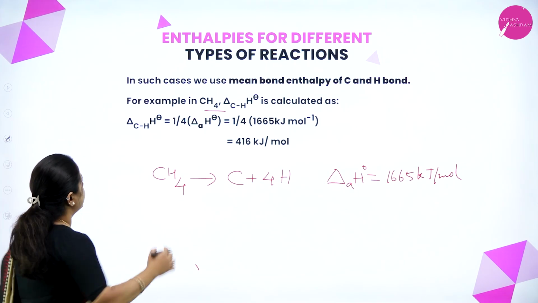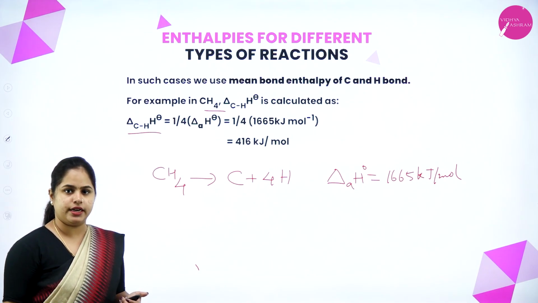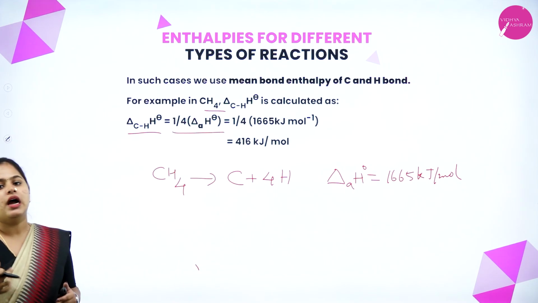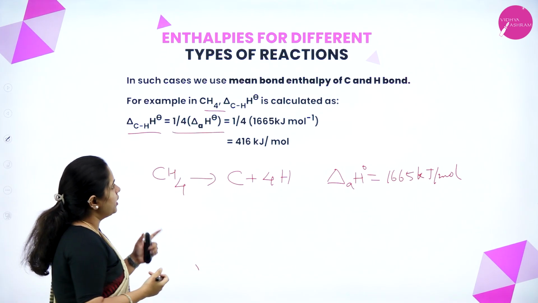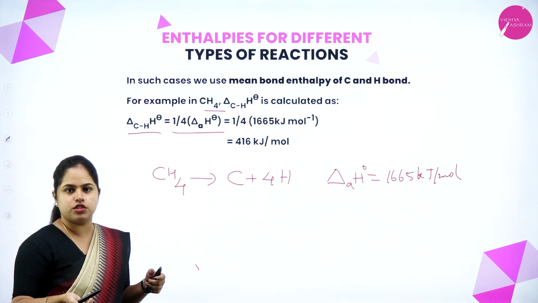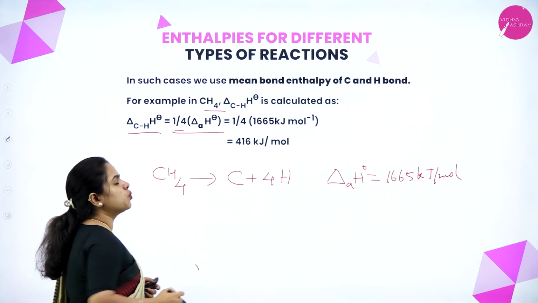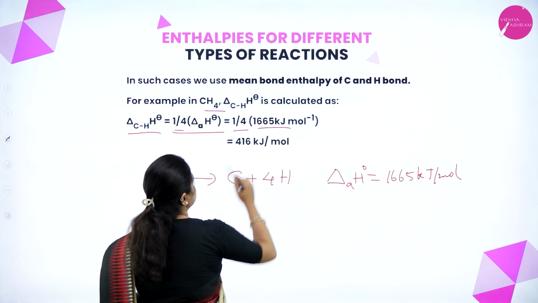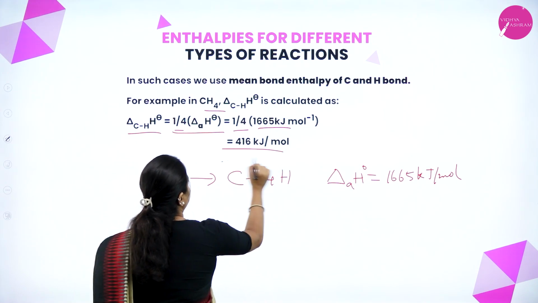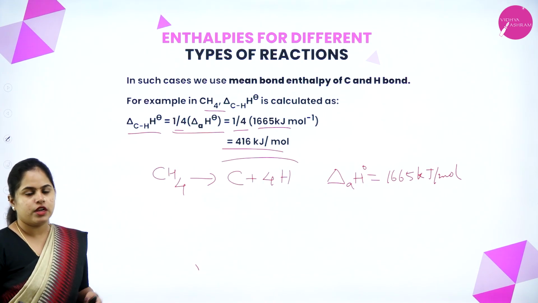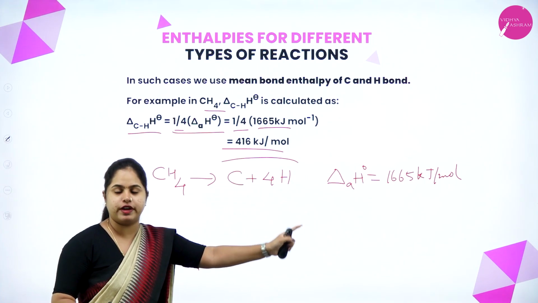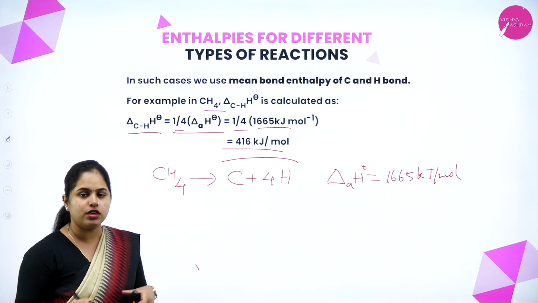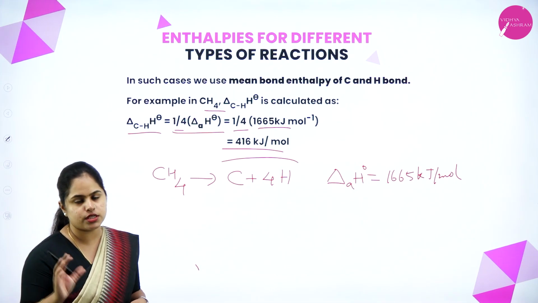So that means that the bond dissociation energy of carbon-hydrogen bond at standard condition will be equal to 1/4 of the enthalpy of atomization. Why? Because there are 4 carbon-hydrogen bonds which are breaking down, right? So that is why this 1/4. So the mean value will be 1/4 of 1665 kilojoule per mole, that is 416 kilojoule per mole. Okay, so it is not 1665 kilojoule per mole which is the mean enthalpy. It is 1/4 of that, because there are 4 carbon-hydrogen bonds which are broken down.